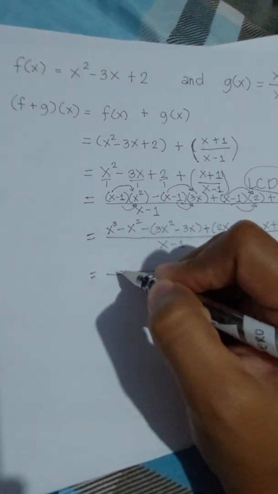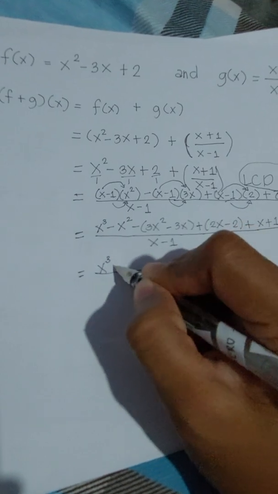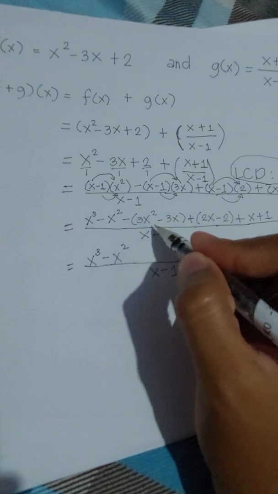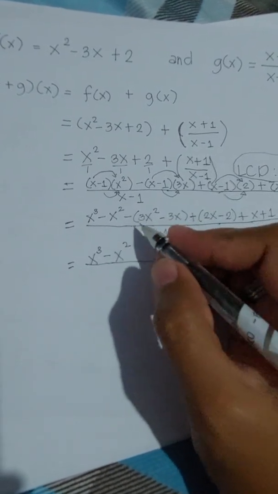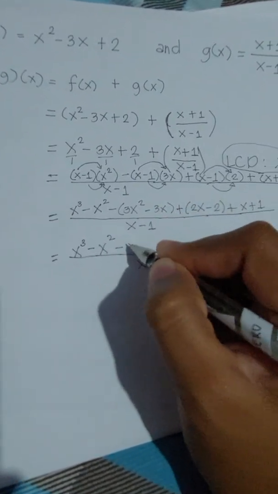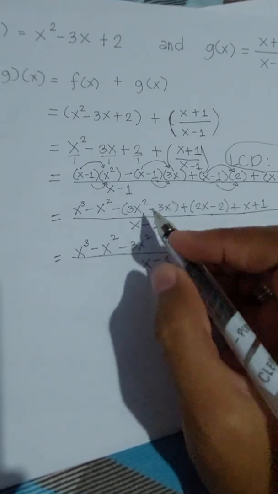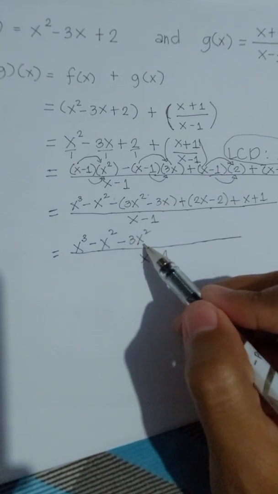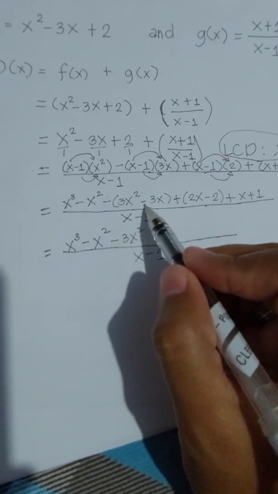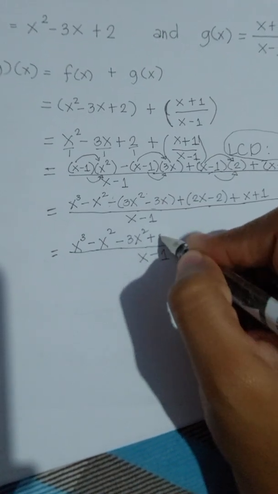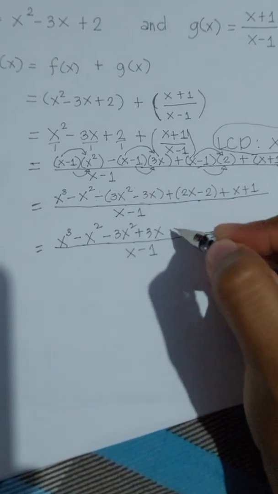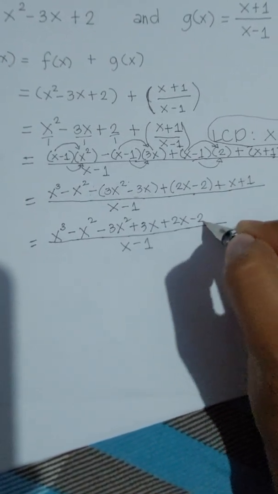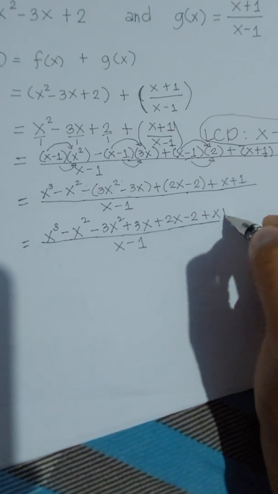Okay, bring down x cubed minus x squared. Then, change all the signs here. So the 3x squared becomes negative 3x squared. Why does it change? Because negative times 3x squared gives us negative 3x squared. Then, negative times negative 3x gives you positive 3x. Then, remove the parentheses. Bring down x plus 1.